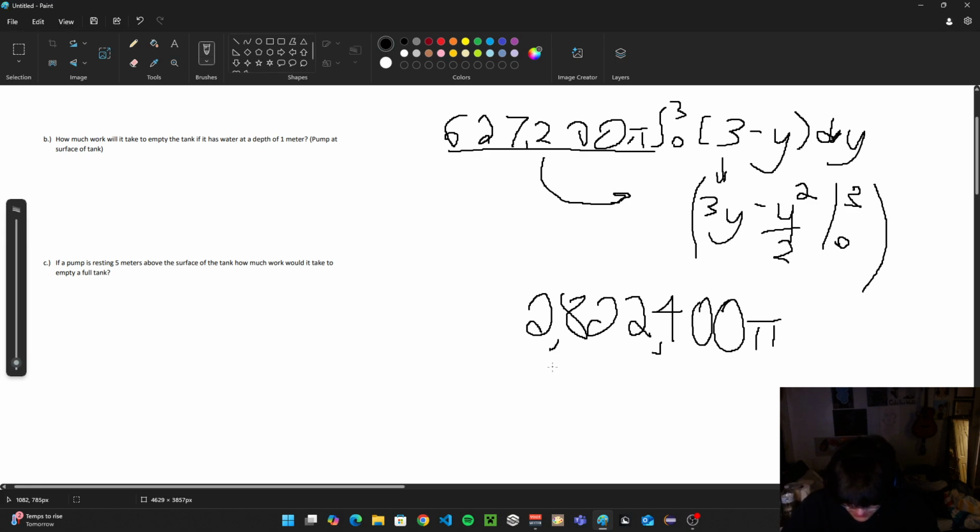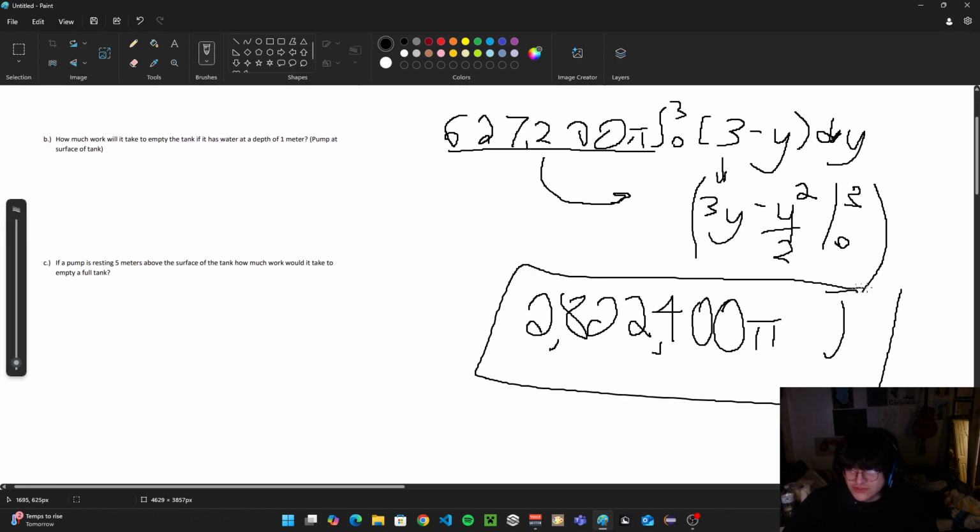And if you were to multiply it by pi, you would get 8,866,831.105 joules. Can't forget the joules. It's in joules, and that's the answer for number 1.